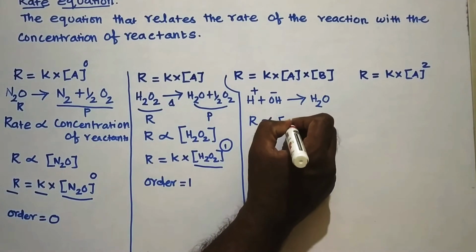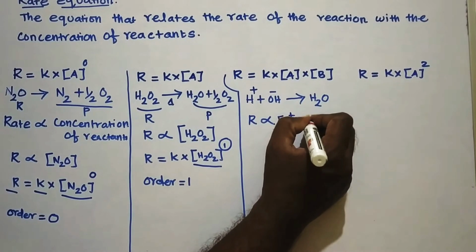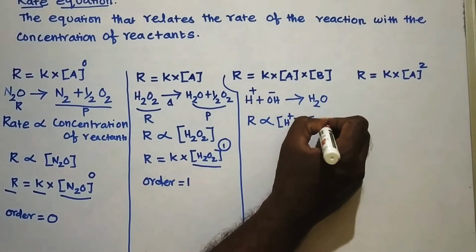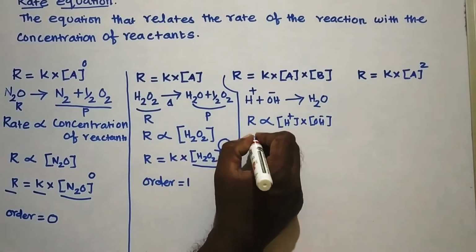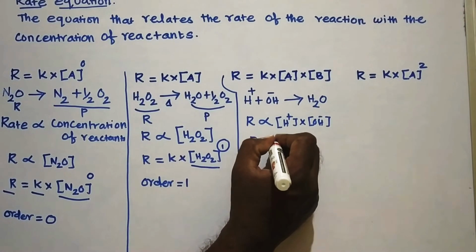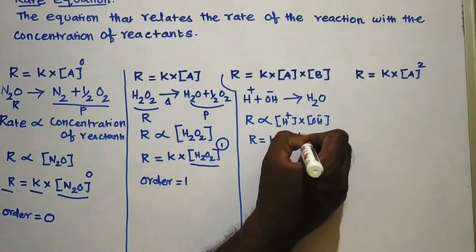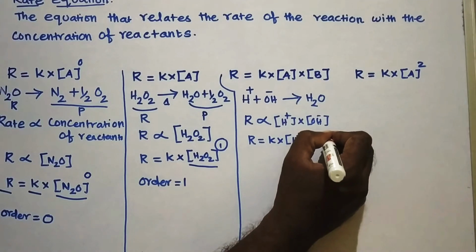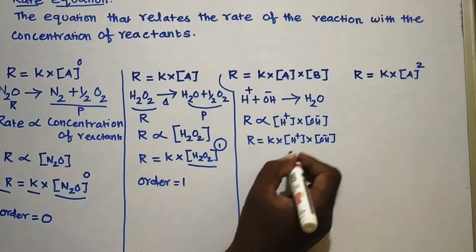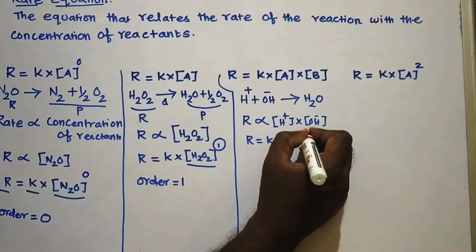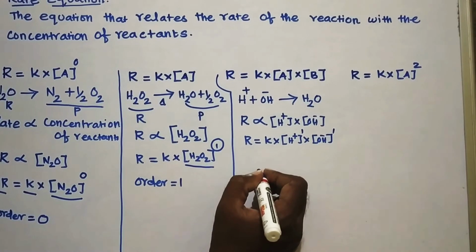Therefore, H plus into OH minus. So now we are going to introduce a constant: R is equal to K into concentration of H plus into concentration of OH minus.